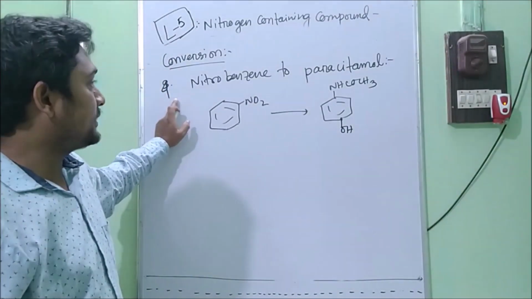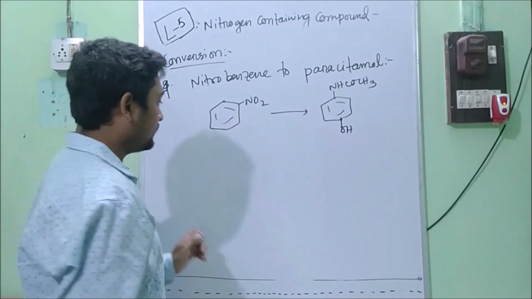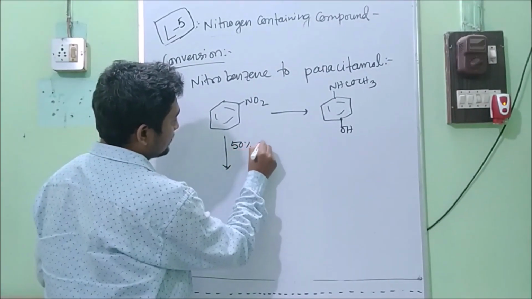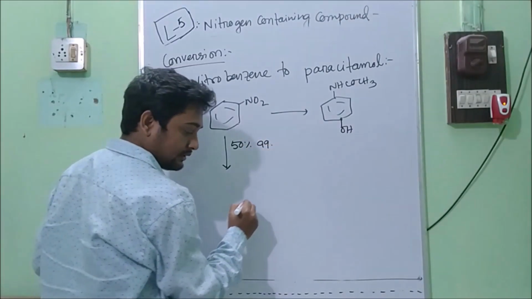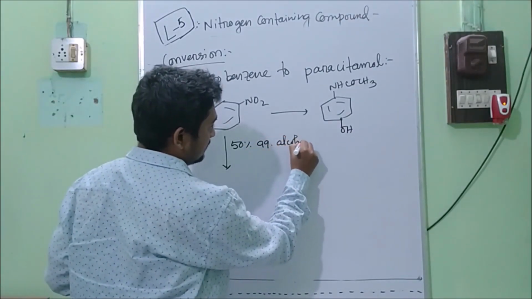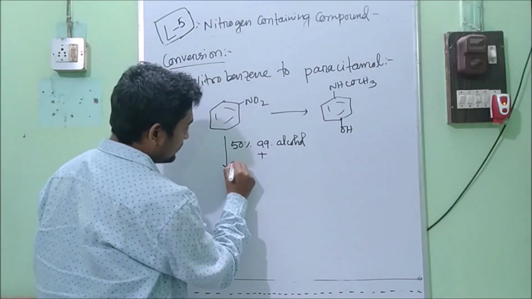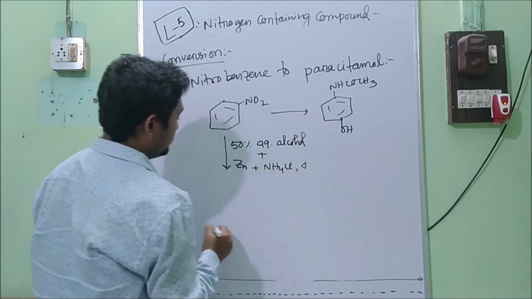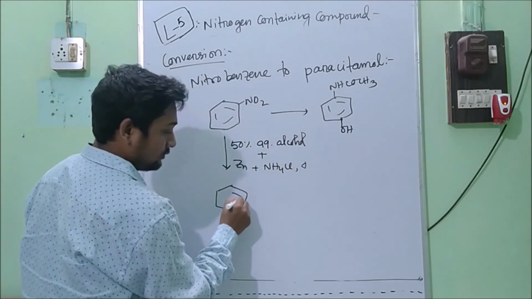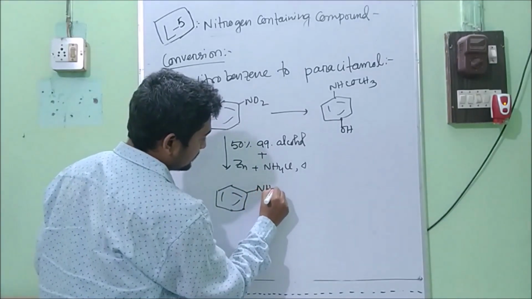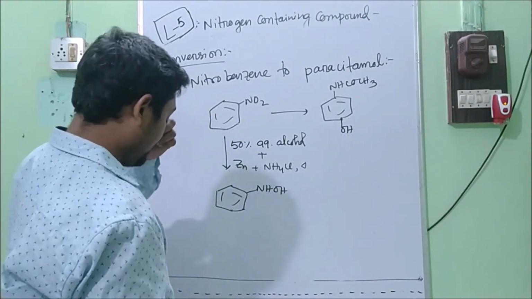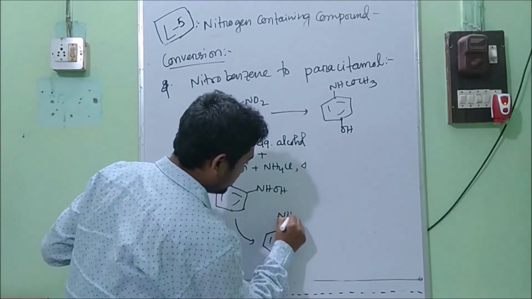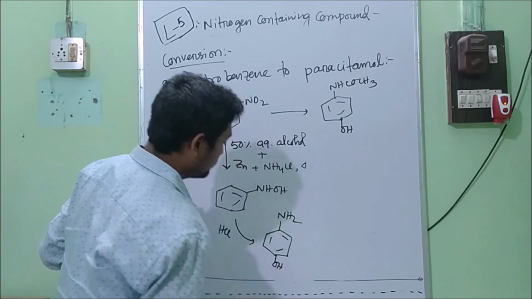Now next one, nitrobenzene to paracetamol. Okay, so here I will use 50% aqueous alcohol plus zinc plus NH4Cl and then heat. Then it will convert into NHOH, phenyl hydroxylamine. Now if we use dilute HCl, then it will convert into NH2 and OH group.